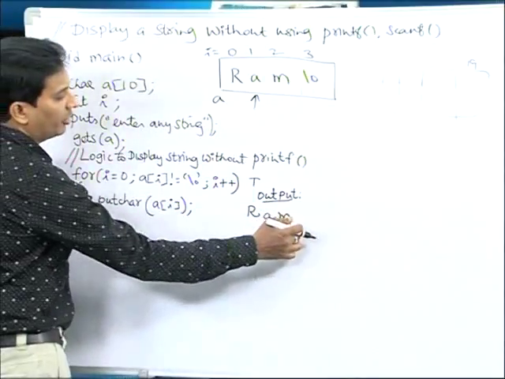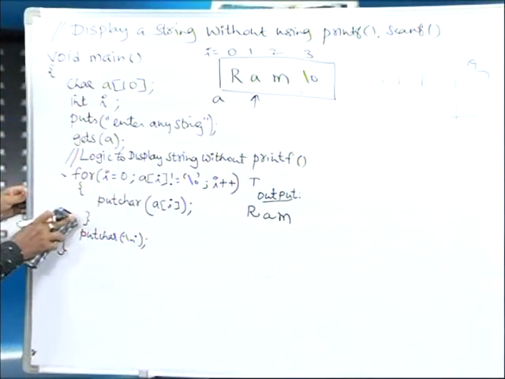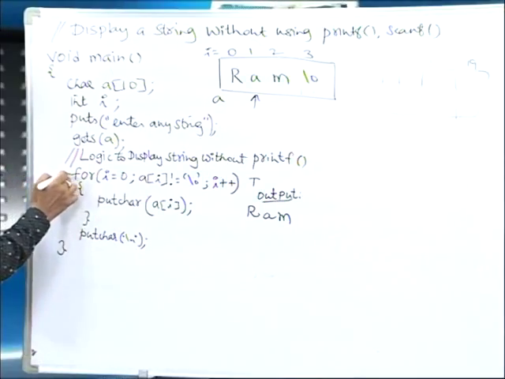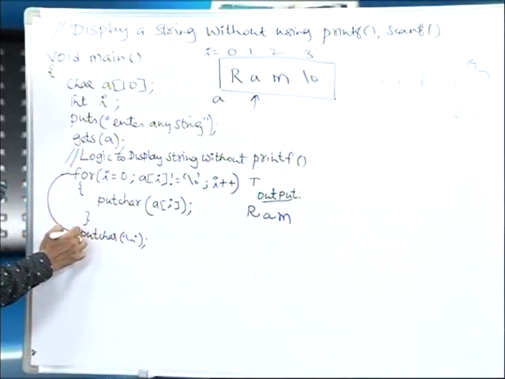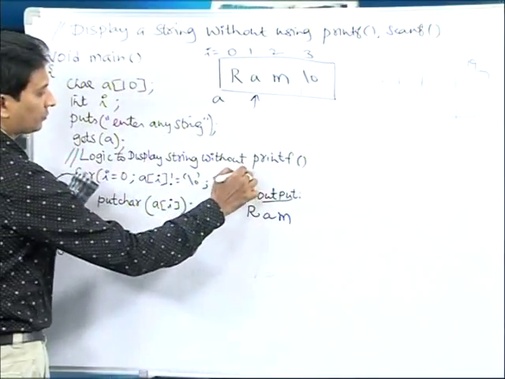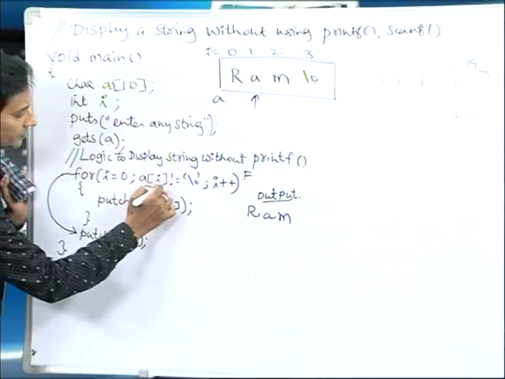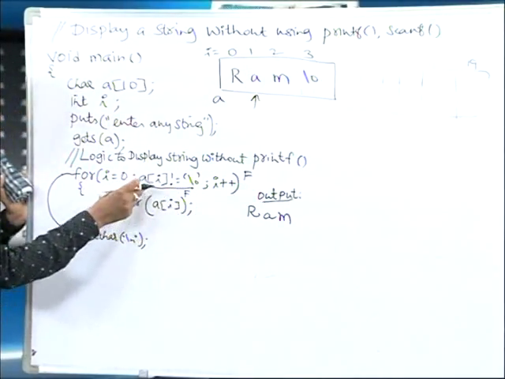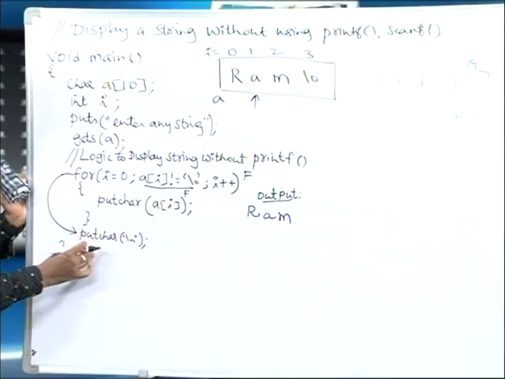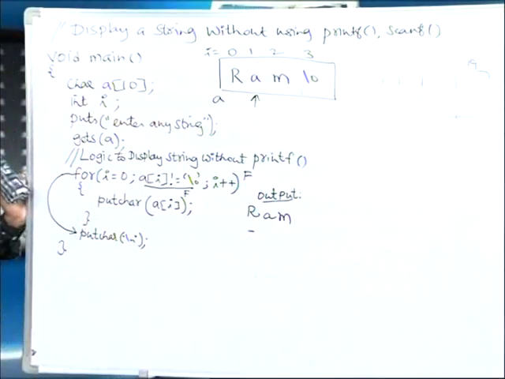In the next iteration, the condition becomes false, and control comes out of the for loop. The moment the condition becomes false, control immediately comes out of the for loop. putchar next line.